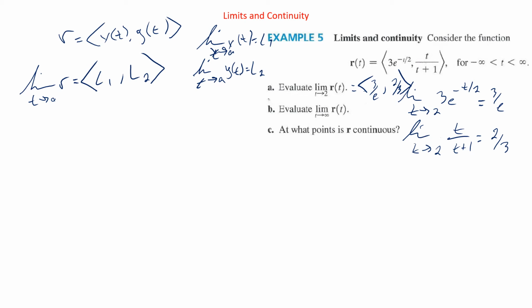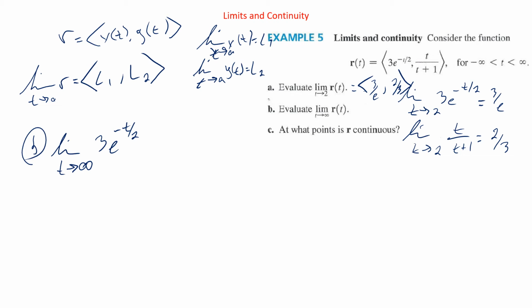And the limit as t goes to infinity. So for part B, t goes to infinity. Let's write down the limit as t goes to infinity of 3e to the negative t over 2. So this is going to be negative infinity, so that'll be e to the negative infinity, which is 1 over e to the infinity, right? That negative takes us to the bottom.